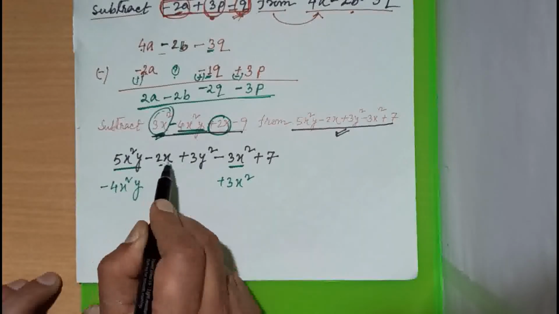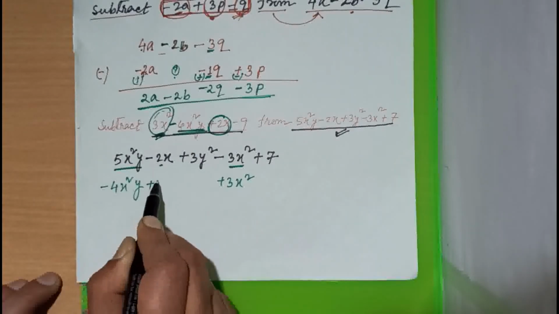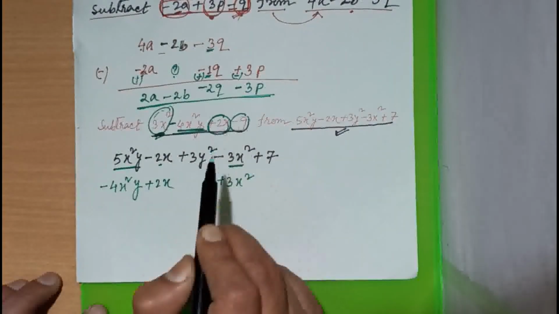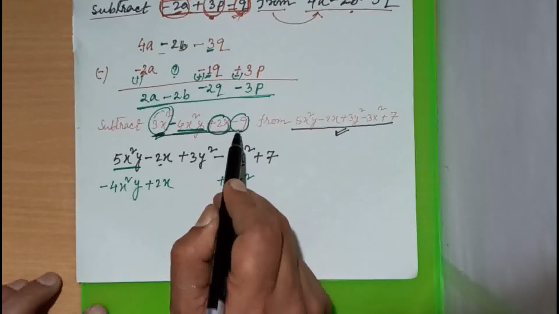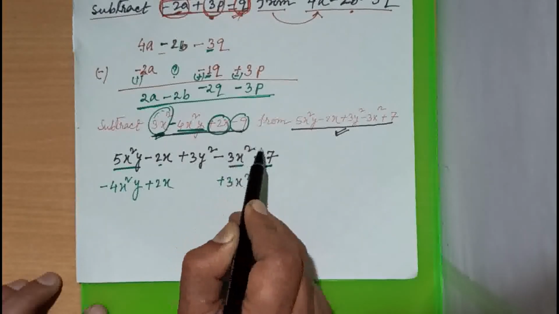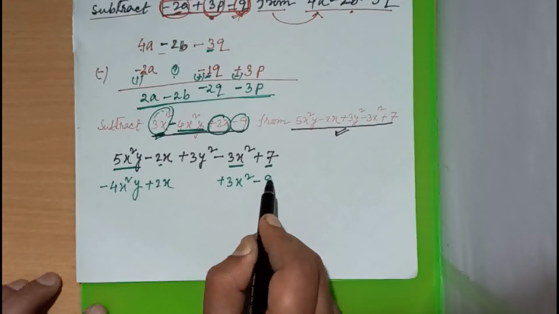This is like with this, so we'll write plus 2x here, and at last, this is the numerical number, that is the constant term minus 9, and the 7 is available here, constant term. So these terms are like, we will write here.